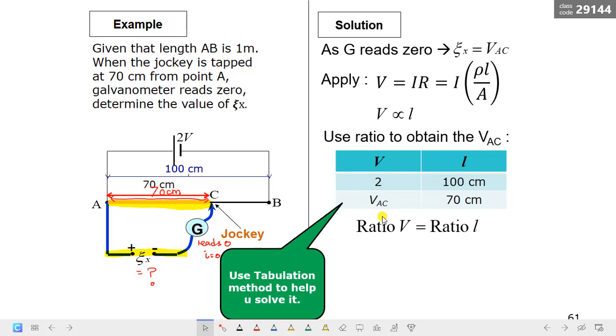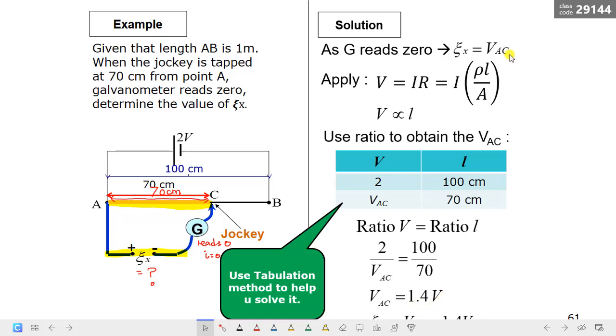So, berapa nilai voltage untuk 70 cm? Kalau 100 cm dapat 2 volt. Jadi, kita gunakan ratio lah. 2 divided by voltage AC will be 100 over 70. 100 is 1 meter kan? Okay. So, we will obtain the voltage AC is around 1.4 volt.